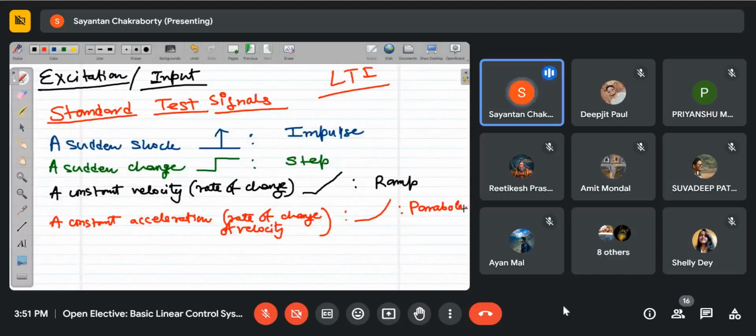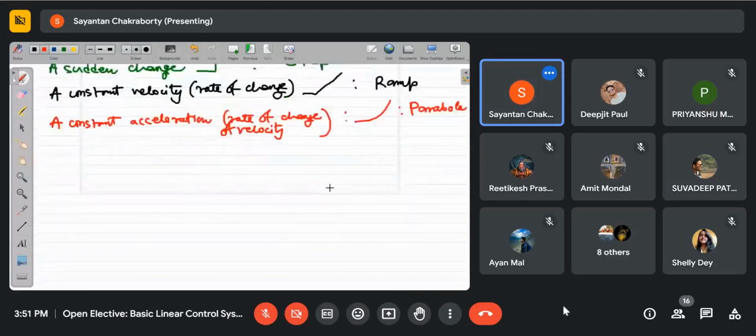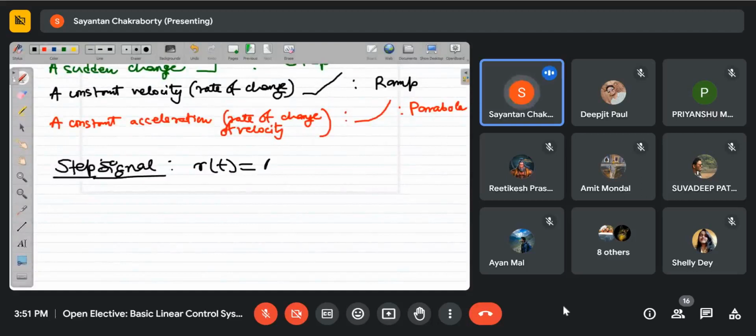So let us see how they can be represented individually. First of all, I'll consider impulse at the end. Step signal: r(t) is equal to A u(t), where u(t) equals 1 for all t greater than or equal to 0, and 0 for all t less than 0.